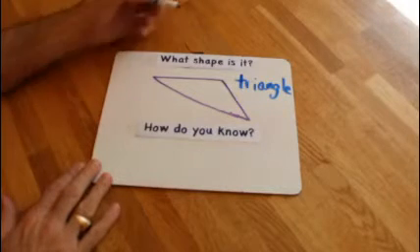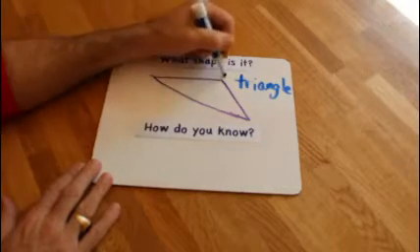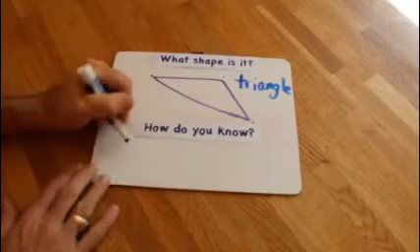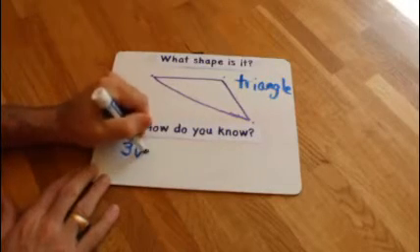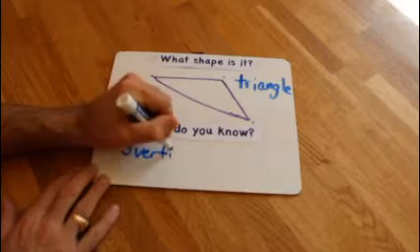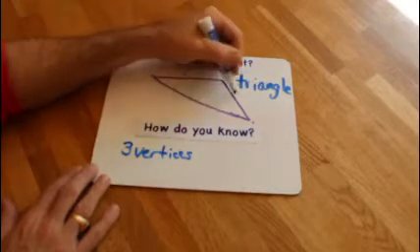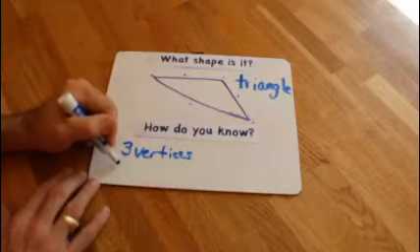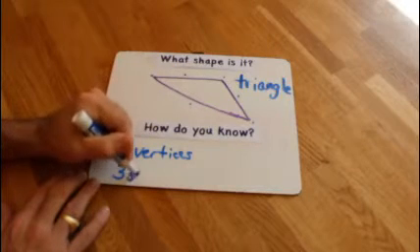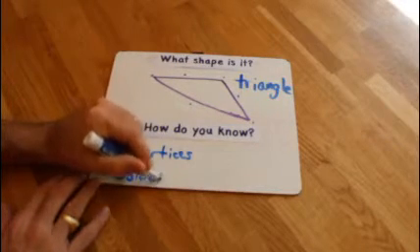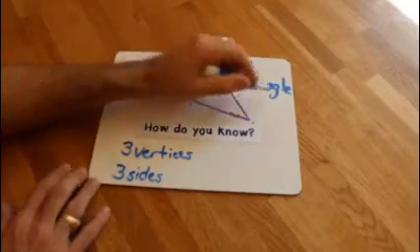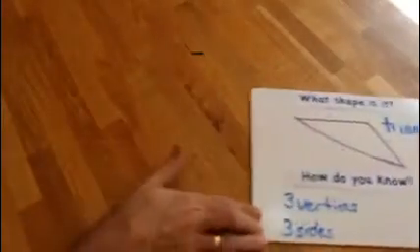It still has 3 corners or vertices. And it has 1, 2, 3 sides. It is a triangle. Let's go back to the train station.